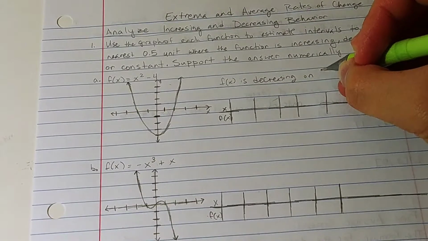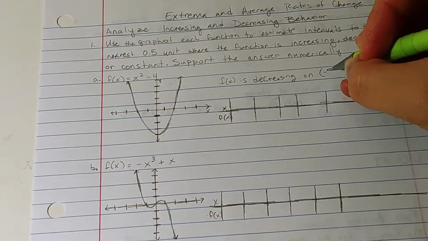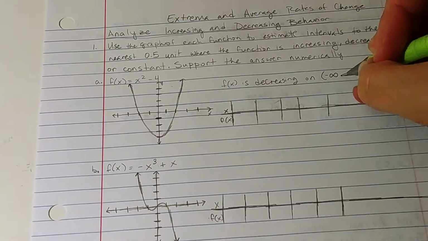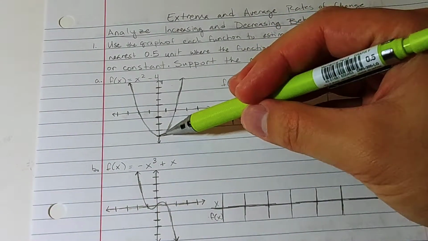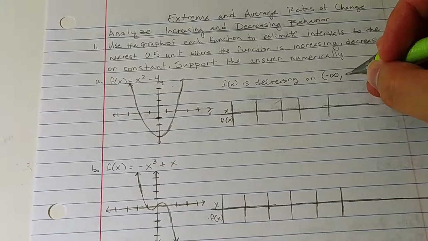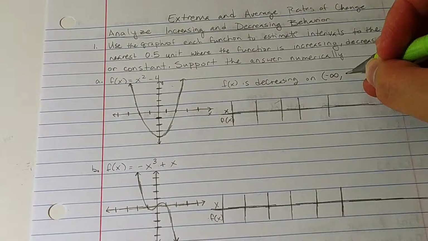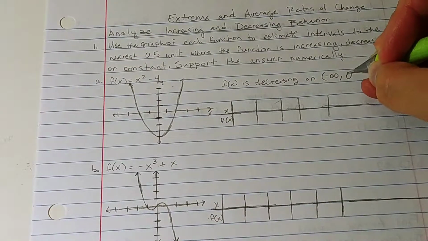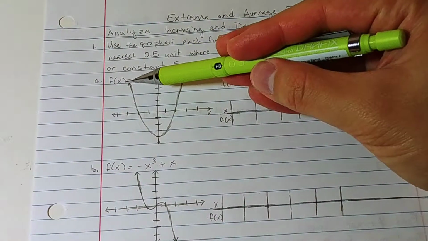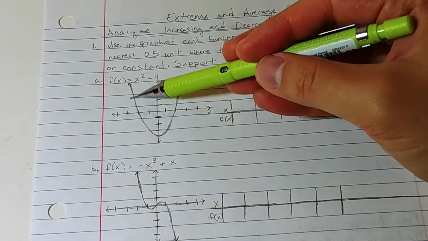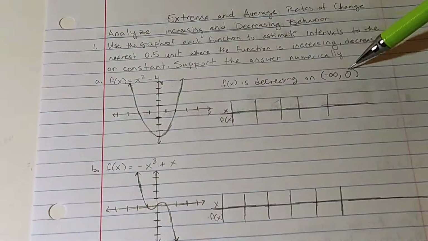And then here's the interval. So from the farthest left, negative infinity, to that point. And we're going to learn later that's the extrema. Okay, it's either maximum or minimum. In this case, it's minimum. All right. So it's decreasing from negative infinity, from the farthest left, all the way to this point, 0.